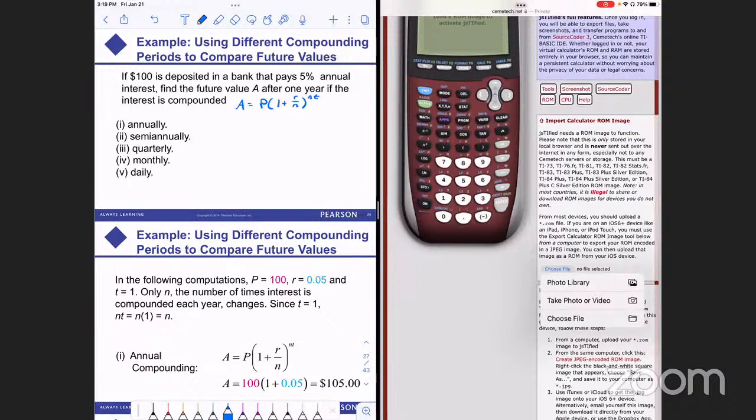This one. Reload, and refresh. Okay, single page.